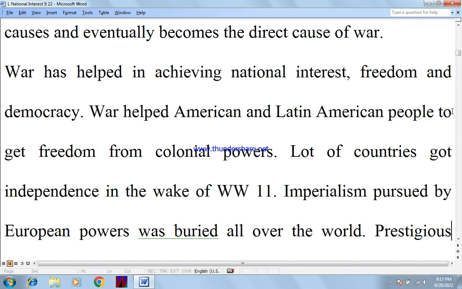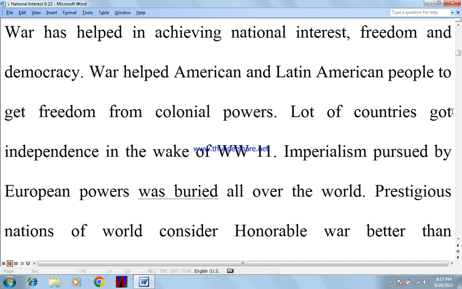War has helped in achieving national interest, freedom, and democracy. War helped American and Latin American people to get freedom from colonial powers. A lot of countries got independence in the wake of World War II. Imperialism pursued by European powers was buried all over the world.